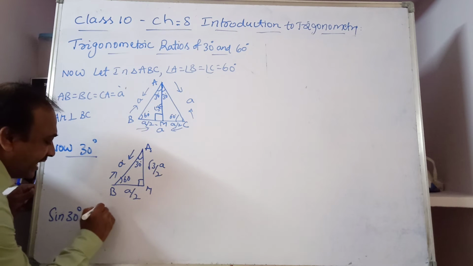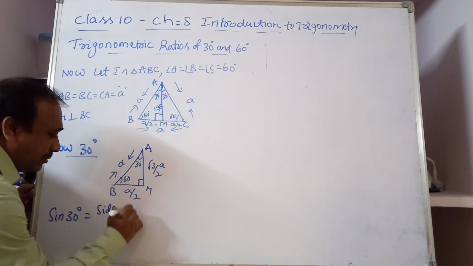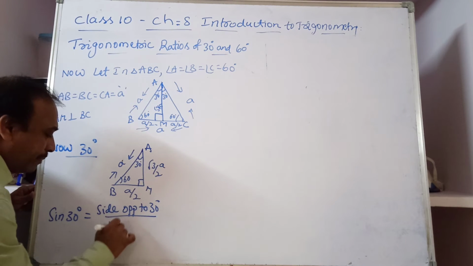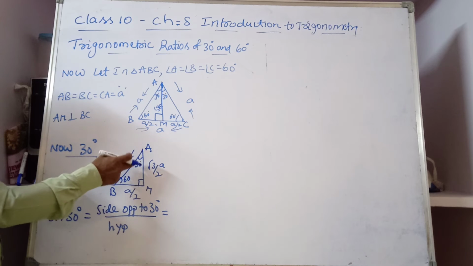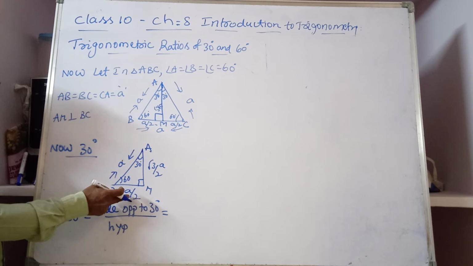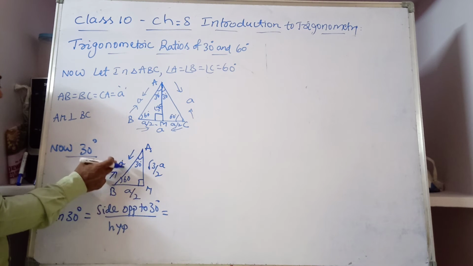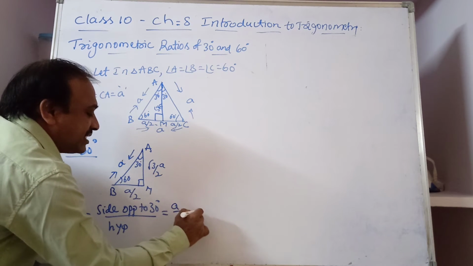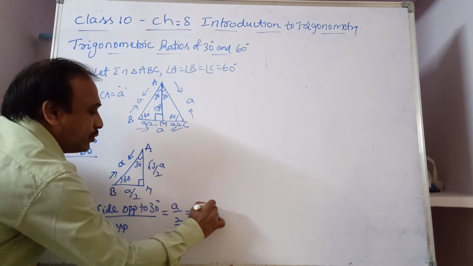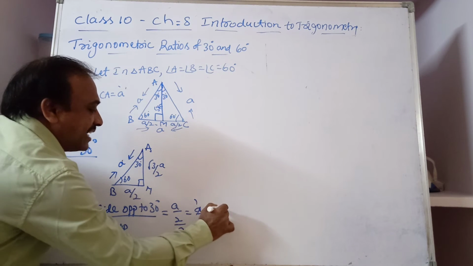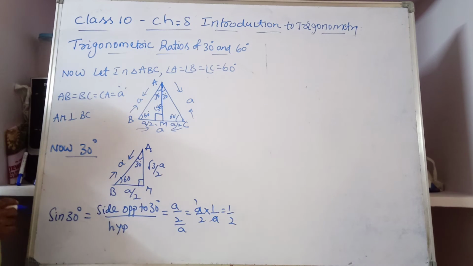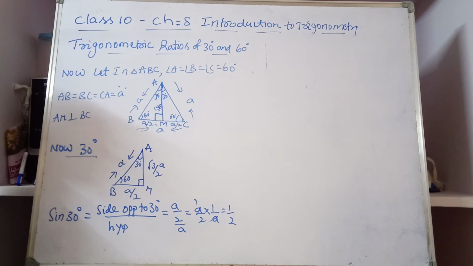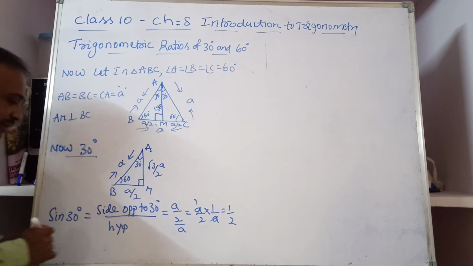The side opposite to 30 degrees is A by 2, and the hypotenuse is A. So A by 2 by A, which is A by 2 into 1 by A. A and A get cancelled, which is equal to 1 by 2. So sin 30 value is equal to 1 by 2.